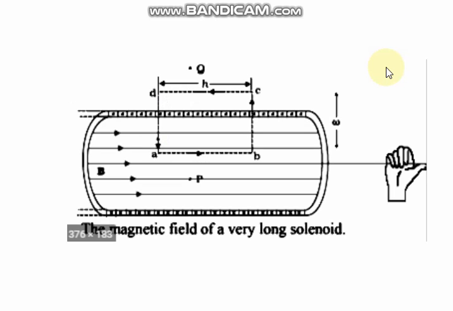The first step in applying Ampere's law is to choose an Amperian loop, and in this case that Amperian loop is this rectangle, which has 4 length segments: AB, BC, CD, and DA.